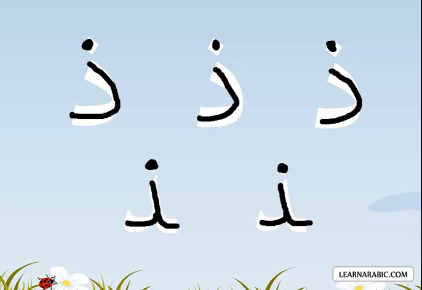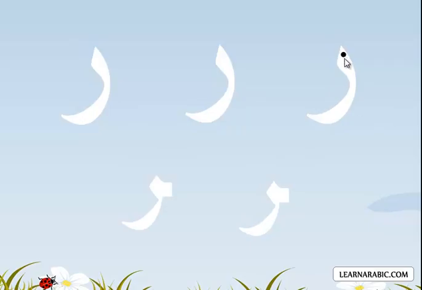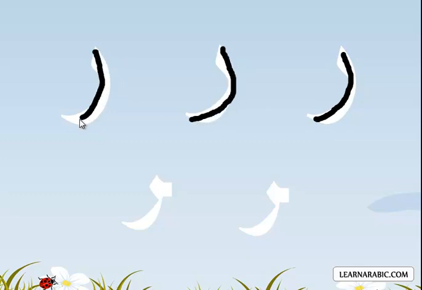Moving on, we now come to the letter ra, which is a simple stroke like this, a curved stroke like this. And ra is yet another stubborn letter. It will not join to anything which comes after it, and so we will only see it in these two forms, whether at the beginning, middle, or end of a word.